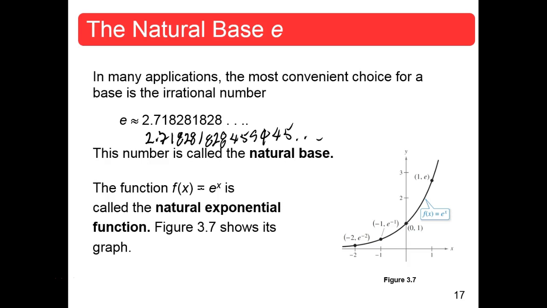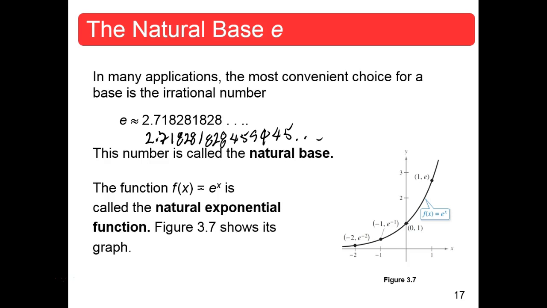So let's see what some of those are. Looks just like the shape of all of them. When x is equal to 0, e to the x is 1. Any base to the 0 power is 1. Except 0, of course, that can't be a base. Okay? And when x is equal to 1, this is 2.71, blah, blah, blah. Okay? Something between 2 and 3. 2 to the x would be 2. 3 to the x would be 3.